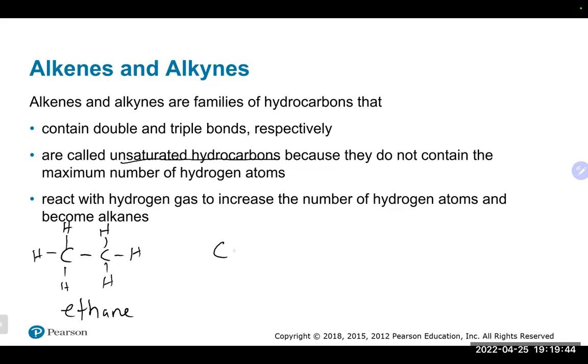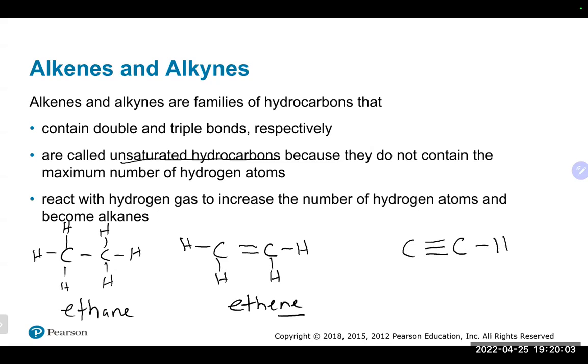If we lay in a double bond between the 2 carbons, we lose 2 hydrogens, 1 on each carbon, and we end up with an alkene, which will be ethene, ENE. And if we lay in 1 more bond to get a triple bond, we once again lose another 2 hydrogens, 1 from each carbon, and we become ethyne, YNE, at the end. So again, these are named after those first 10 alkanes.